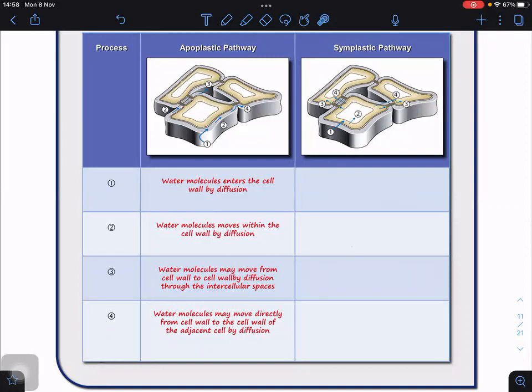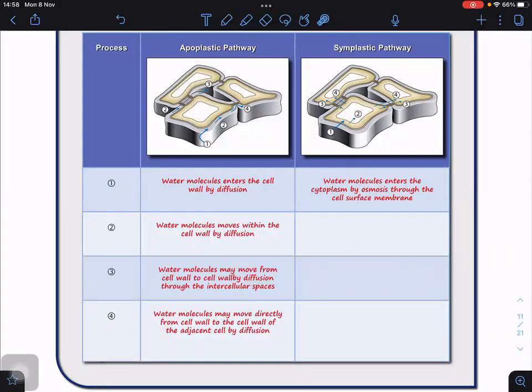As a contrast, in the symplastic pathway, you can see number 1 here, from the cell wall entering into the cytoplasm, which means they are going to go through the cell membrane. So the process is by osmosis. Water molecule enters the cytoplasm by osmosis through the cell surface membrane.